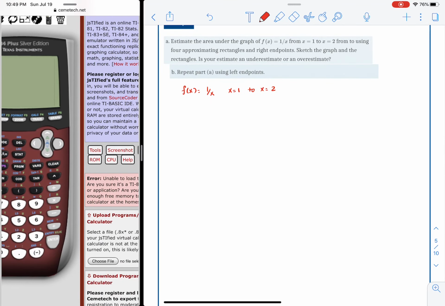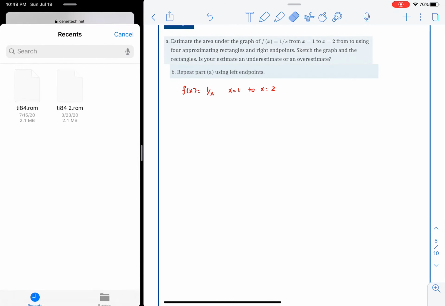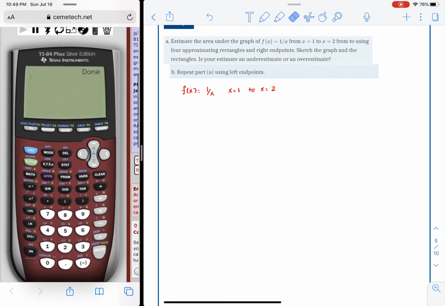First, we've got to graph. Set the window from 1 to 2, and the y values, it's probably going to decrease toward 0.5, so 1 to 0.4, and graph.